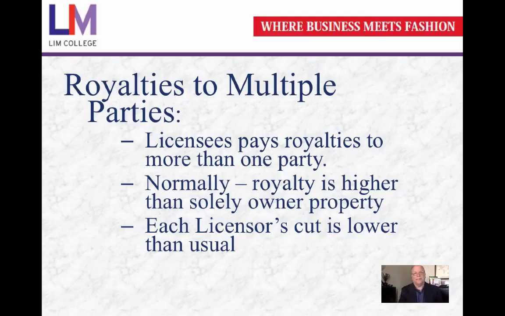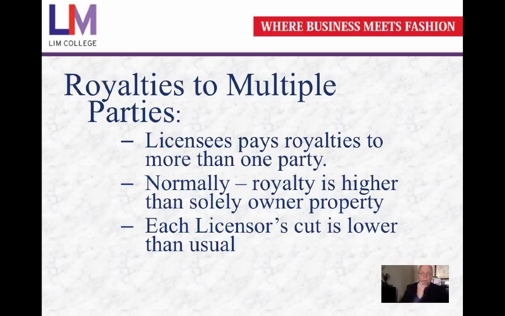So maybe the NFL and the NFLPA, the Players Association. Royalty rates are being paid out to more than one party. Usually that royalty rate is a little bit higher, so maybe 15, 18%, but each licensor is only getting 6 or 7%, depending on how it's calculated out.